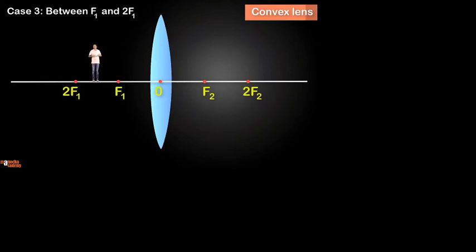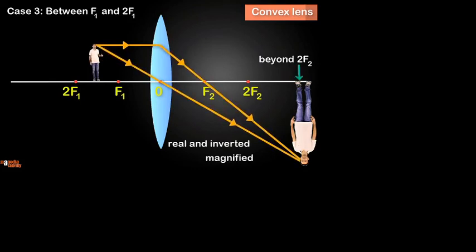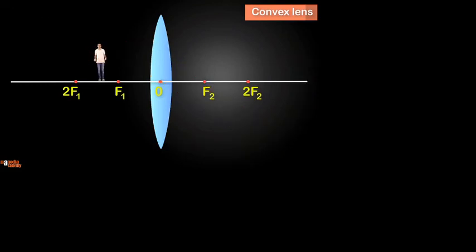So what's the nature of the image you got? That's right. The correct answer is it's a real and inverted image that's magnified. Here's the ray diagram, and as you can see, the position of the image is beyond 2f2.